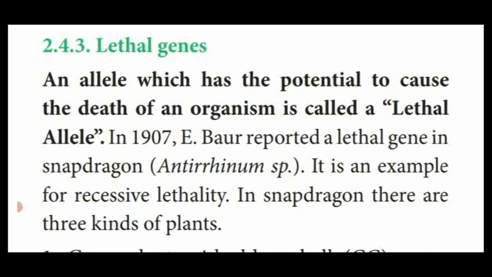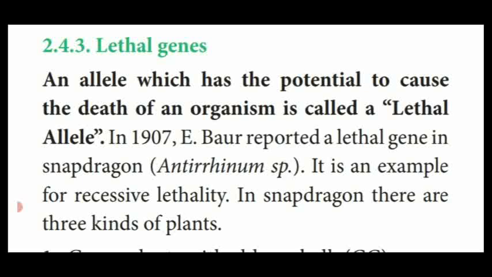Dear students, in the previous paragraphs we have seen that lethal genes are divided into dominant lethal, recessive lethal, conditional lethal, sex-linked lethal and balanced lethal. Here the plant snapdragon, or Antirrhinum species, shows recessive lethality. That means the recessive allele present in Antirrhinum causes the death of the snapdragon.